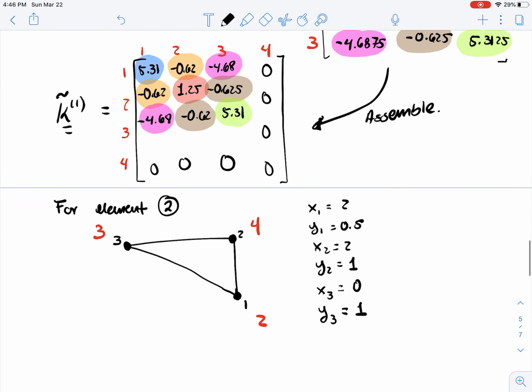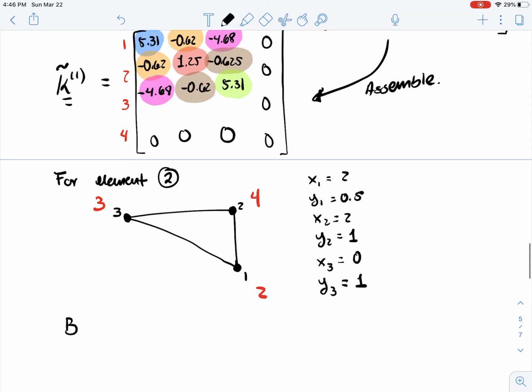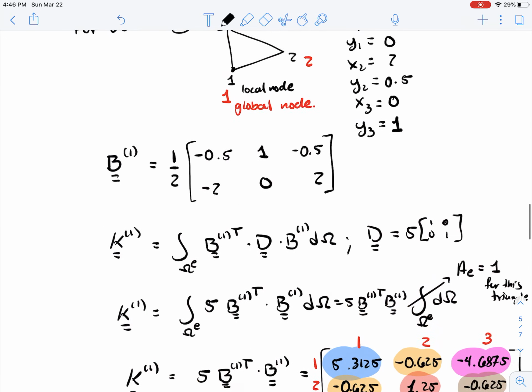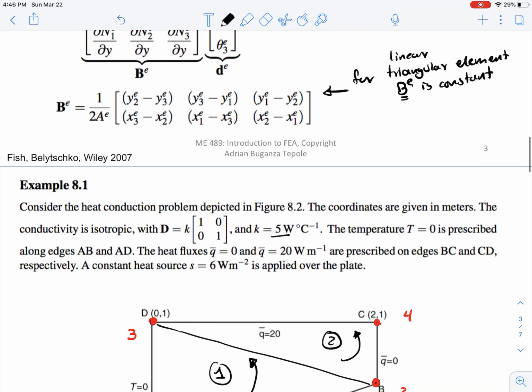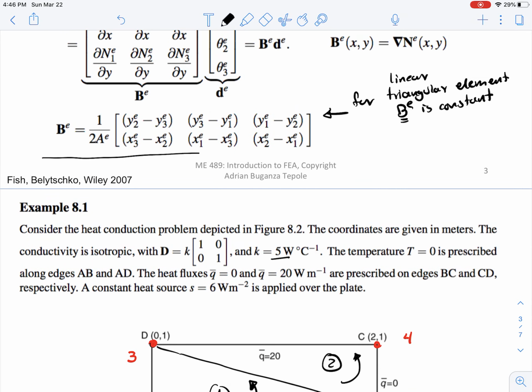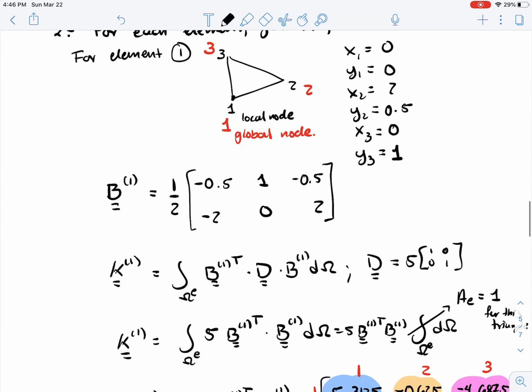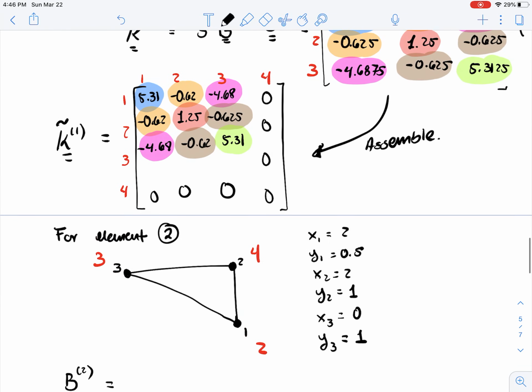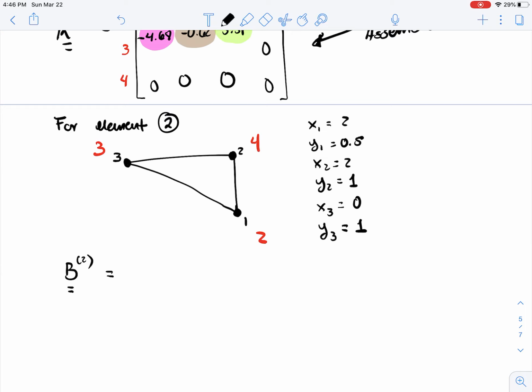Now, given the x and y coordinates for this element, I can put together the B matrix for the second element. Again, I'm going to skip the details, but scrolling back up to the definition, I just use the area of this triangle and the xy coordinates, and I have calculated it before.